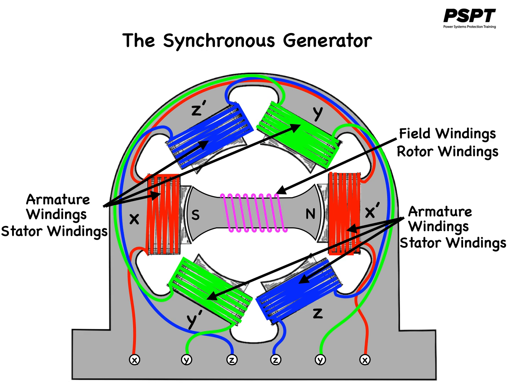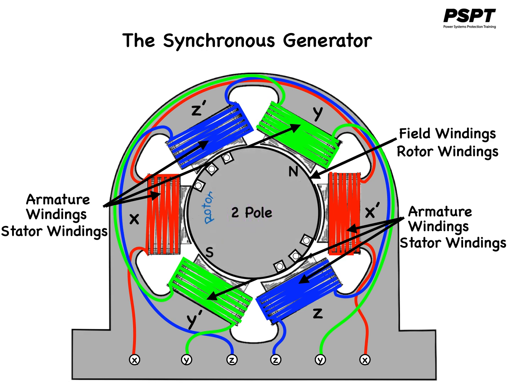The rotor of a synchronous generator is essentially a large electromagnet. The magnetic poles on the rotor can be either salient or non-salient. The term salient means protruding or sticking out, as shown here. A non-salient pole rotor looks something like this.